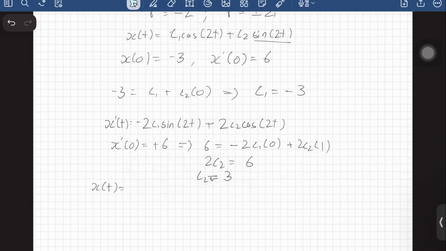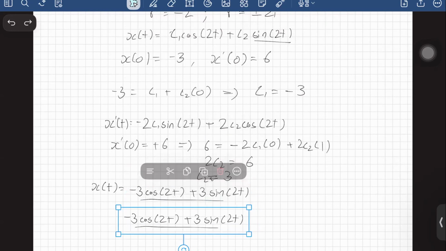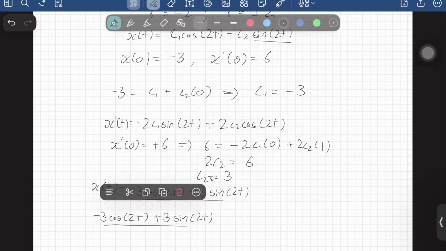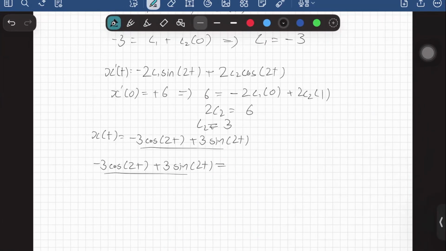So we're just going to compare this equation to a cosine of omega t minus alpha.